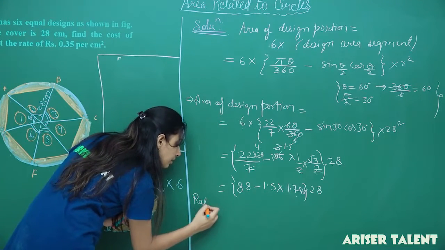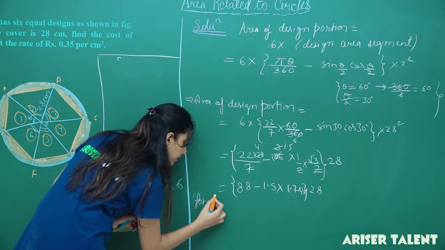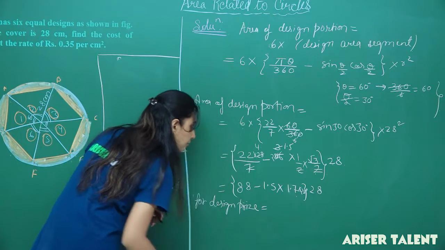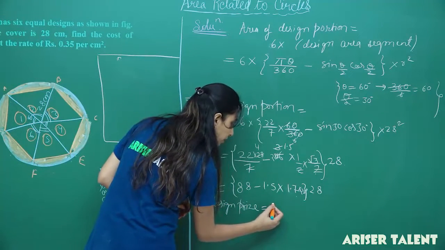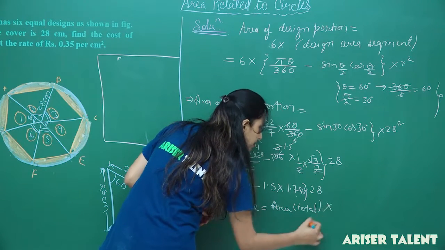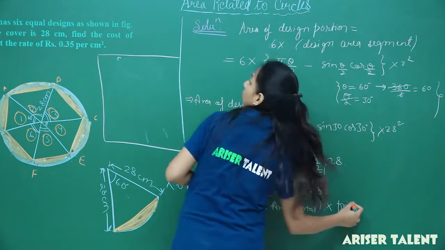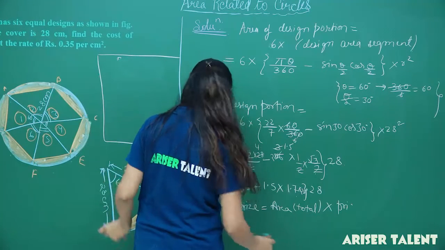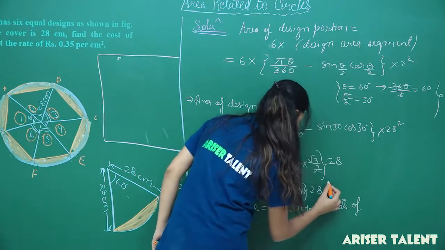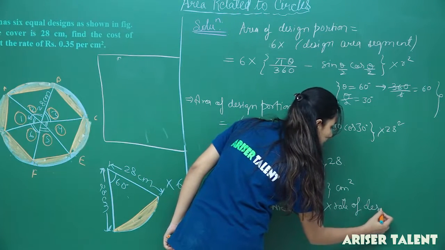Now rate or price for design, price will be, for design price, that will be equal to what? Area, that is total area, multiplied by what is given? Rate of design per centimeter square.